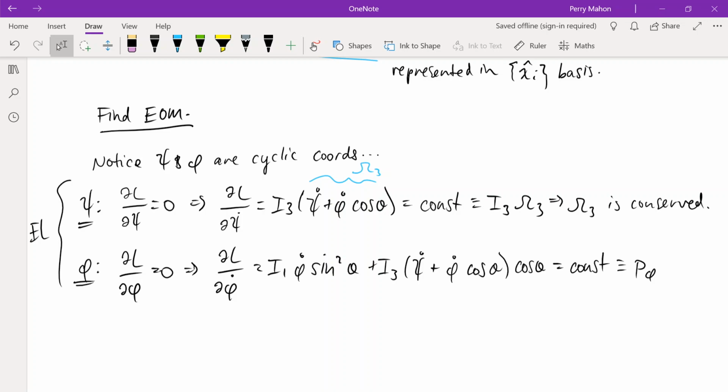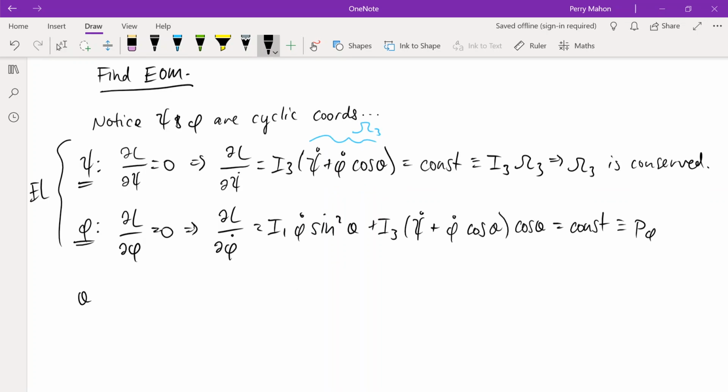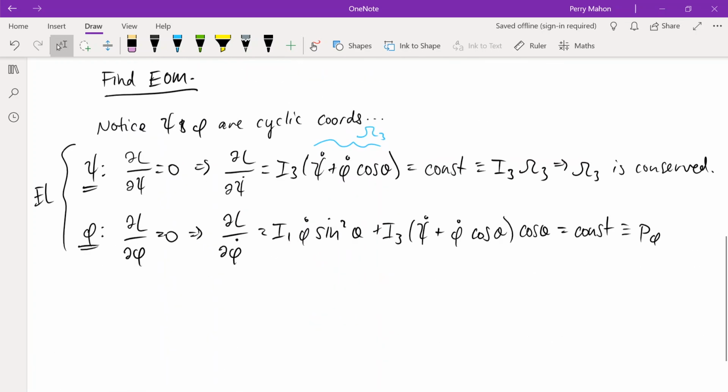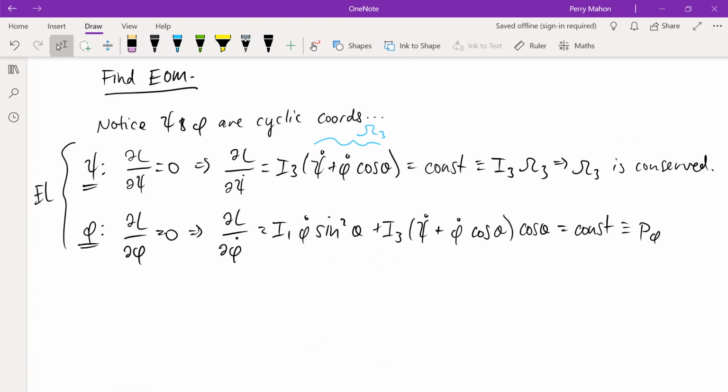And that will be the equation of motion resulting from the Euler-Lagrange equation associated with theta. Right, so it turns out you could just plug away and implement the Euler-Lagrange equation to find the equation of motion for theta. But as is often the case, it's useful to implement one of the symmetries of the system.